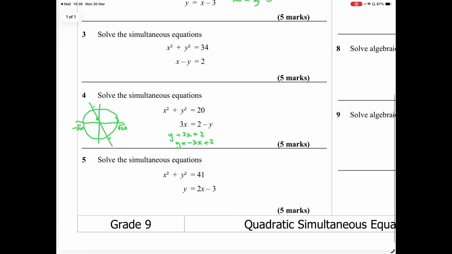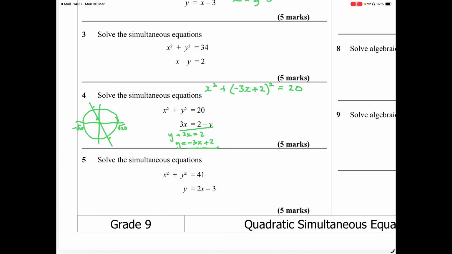Okay. Now, to do this, we're going to reorganize this, and actually this works the best, I think. We use minus 3x plus 2. So instead of y, we'll put this in, so we go x squared plus (minus 3x plus 2) squared equals 20.